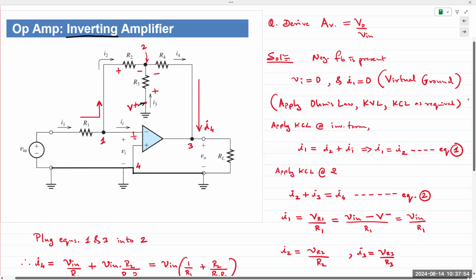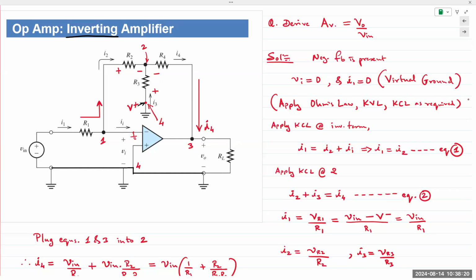It could go either way, depending on the circuit configuration. It could go into the op amp, as a reference direction. But let's draw out the output loop. The first thing that I notice, of course, is that this node is the same as node 4, right? So I can see that R3 is connected to node 4, not virtual ground, but physically connected to ground.